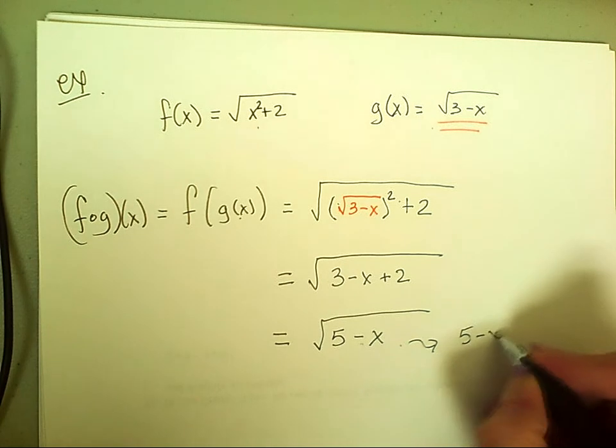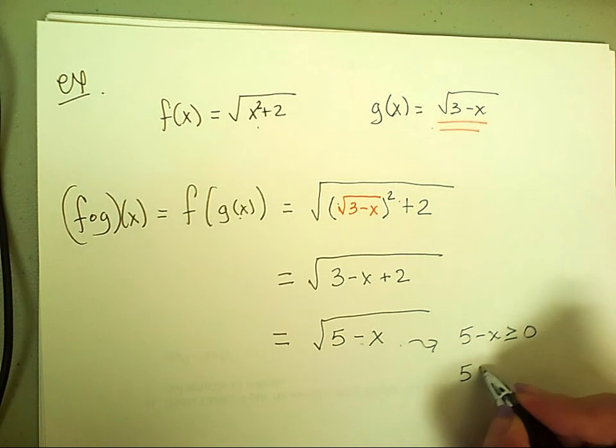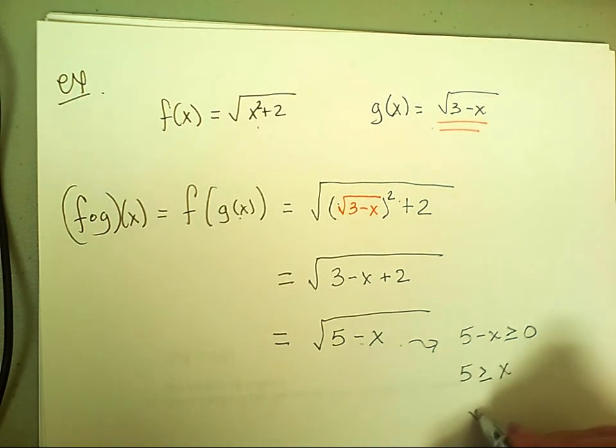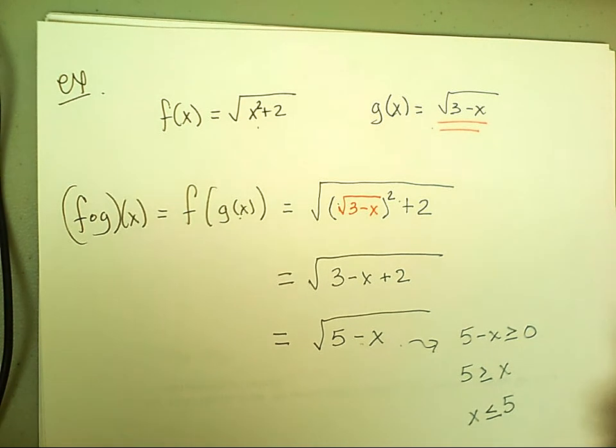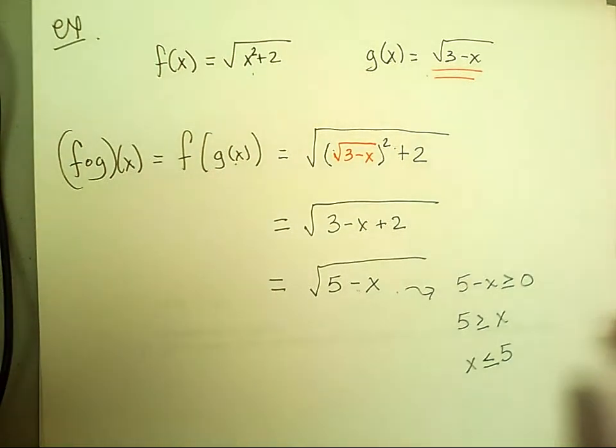Now we know from here that what's underneath the radical, 5 minus x, has to stay greater than or equal to 0. Okay. So we know that 5 has to be greater than or equal to x by adding x to both sides, which is the same thing as saying x is less than or equal to 5.